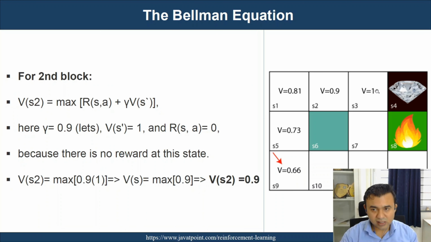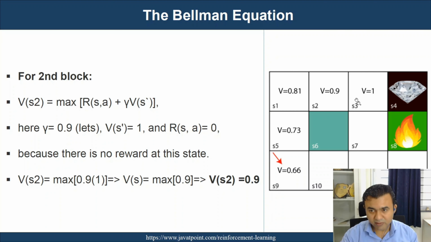Now the same calculation for the next block, S2: Vs2 equals max R as A plus gamma times Vs dash. Here, let's assume a discount factor of 0.9, and the value of the previous state was 1.